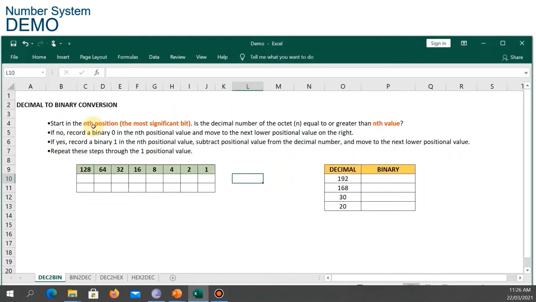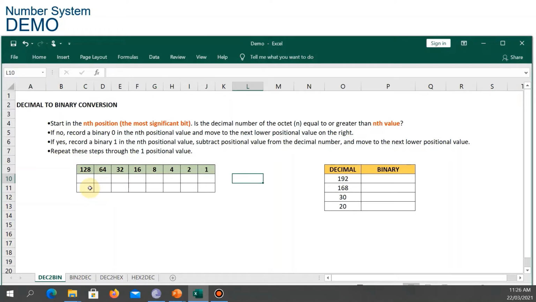If no, then we record binary 0 in the nth positional value and move to the next lower positional value on the right. If yes, then we record binary 1 in the nth positional value, subtract the positional value from the decimal number, and move to the next lower positional value.